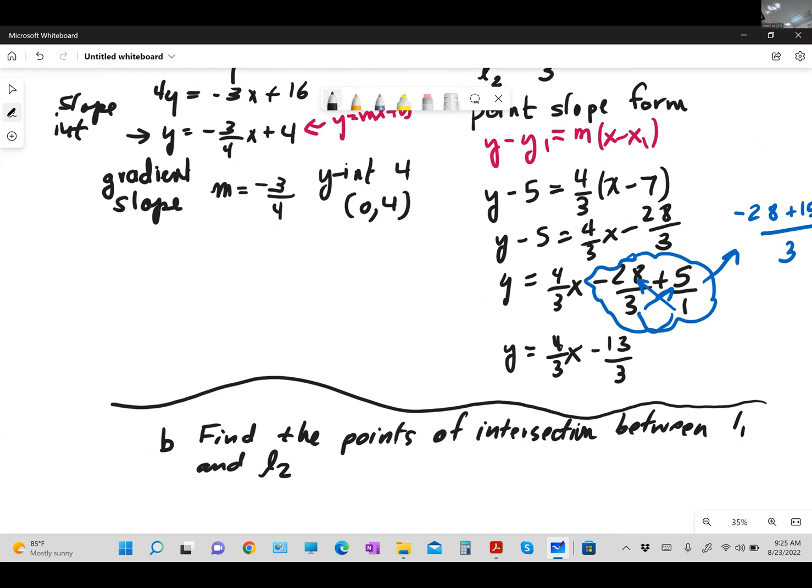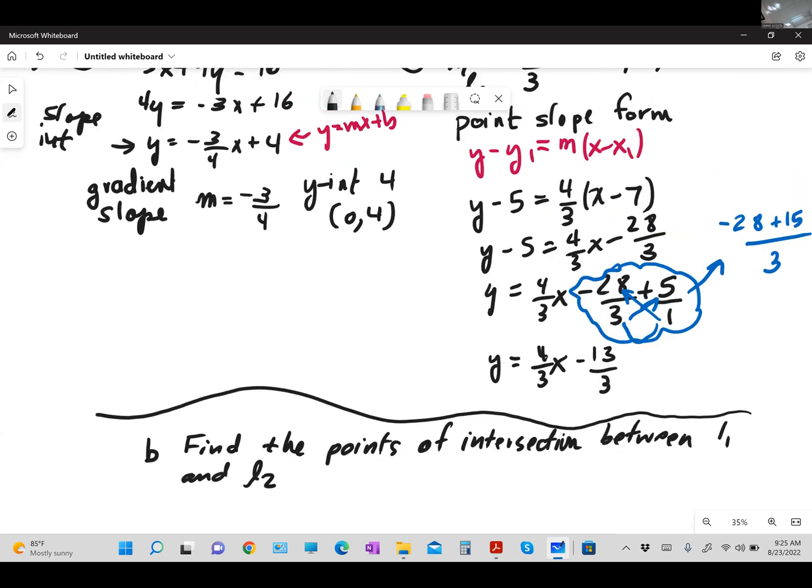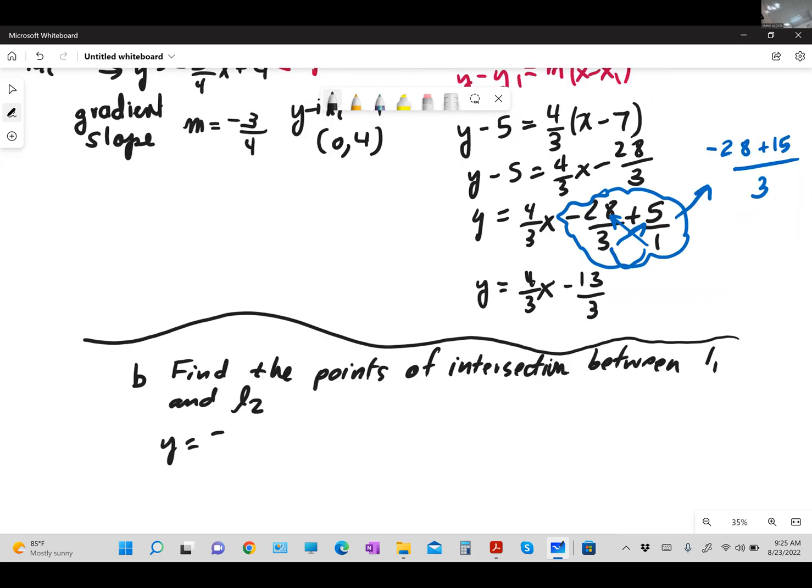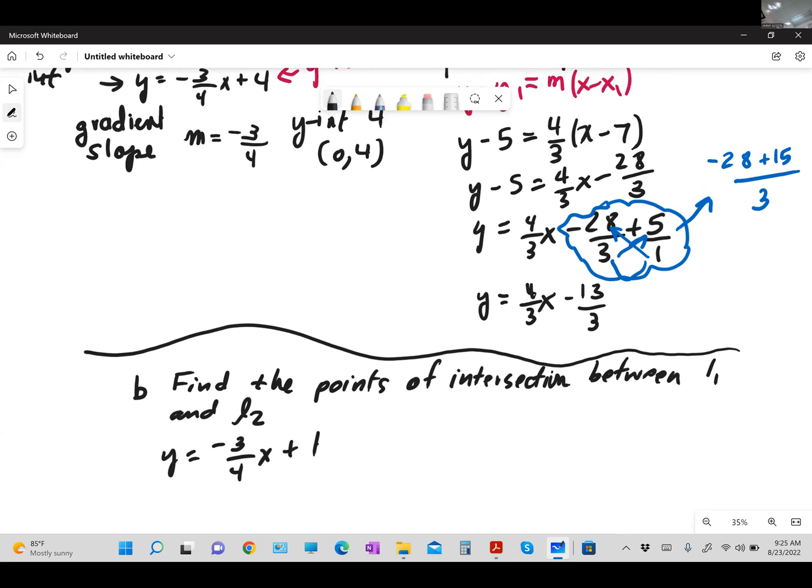Now, L1 from part A is y equals negative 3/4 x plus 4. This is L1. And L2 is y equals 4/3 x minus 13 over 3. Agreed? So now you got to find the points of intersection between L1 and L2.